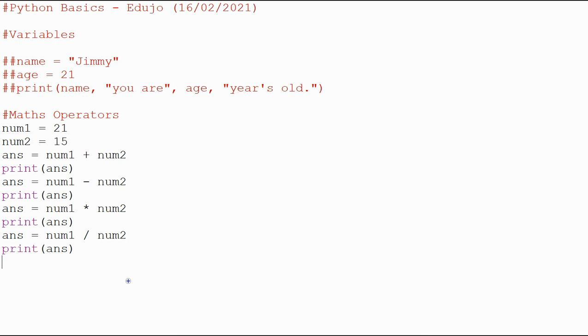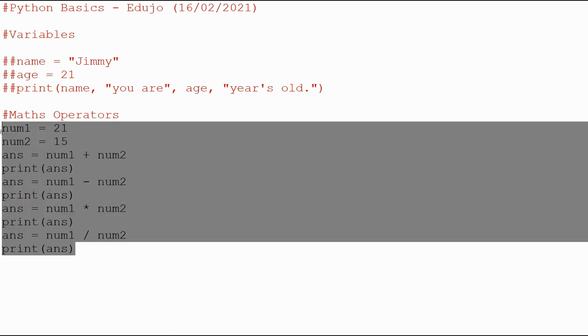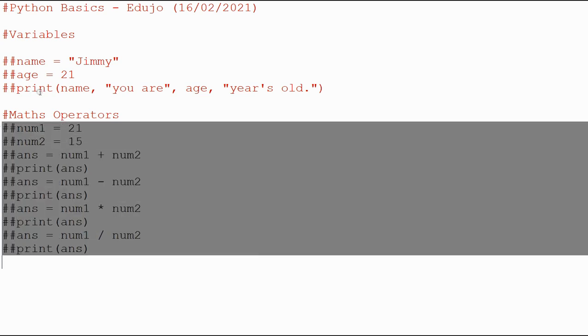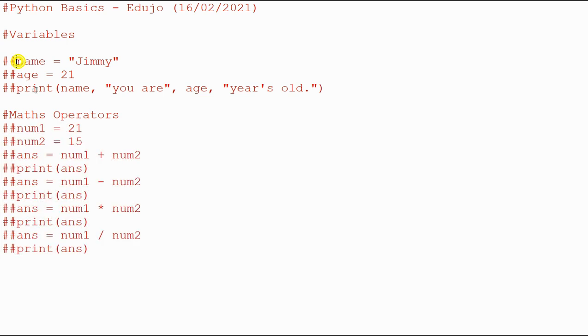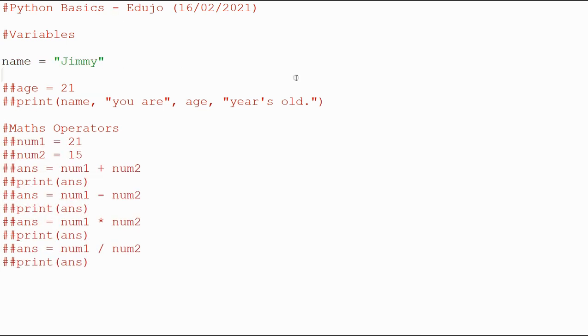A final thing I just want to say in this case is that, let me just clear the screen. I've got Jimmy at the top there. Actually, let's comment this out, Alt and 3, and I'm going to just take this one out. Name is Jimmy, and I'm going to say surname is Jones.